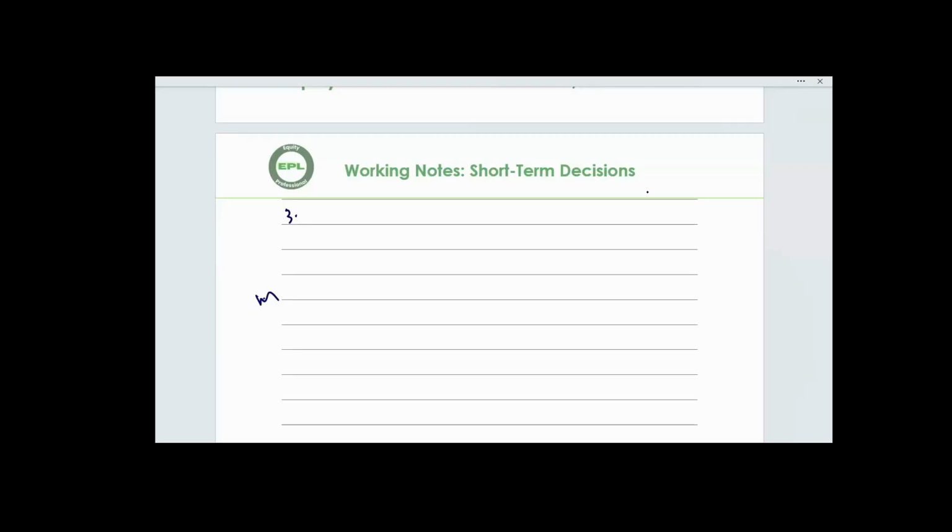But another one you mentioned is the shareholders. Yes, the perspective of the shareholders should be considered before the final decision is taken. So let's put it down.